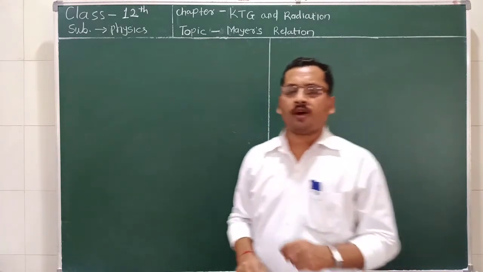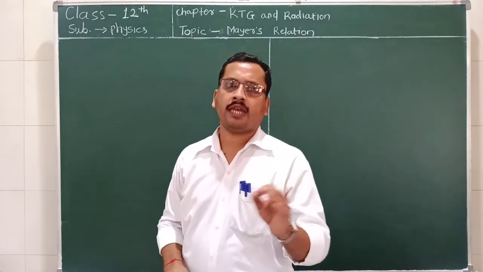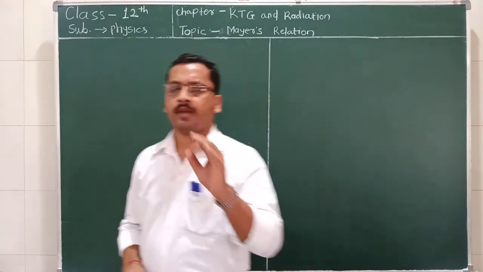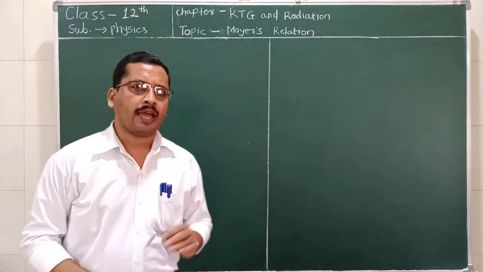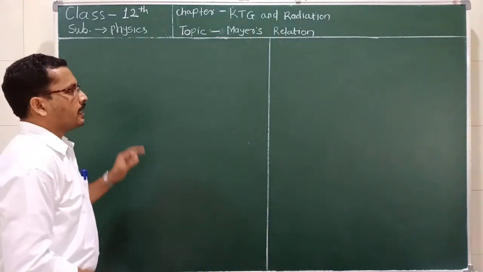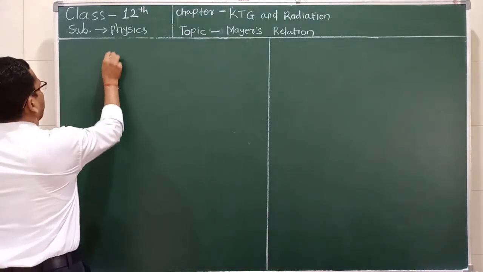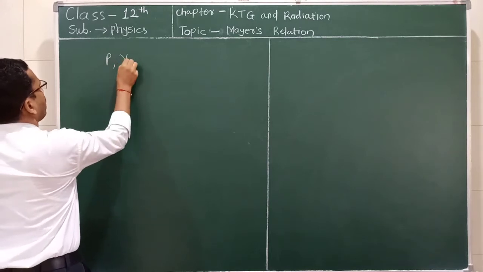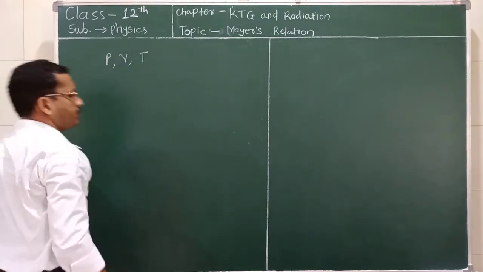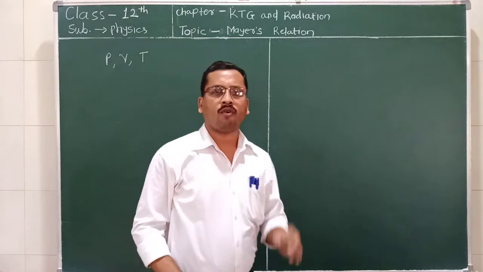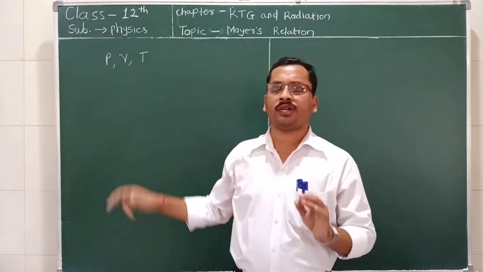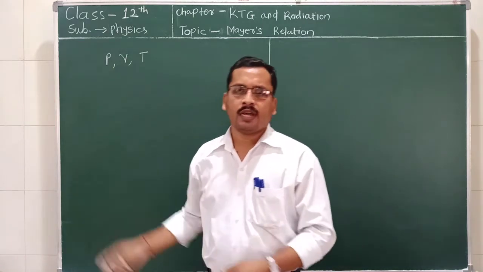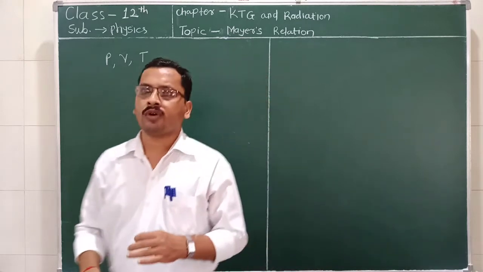Consider 1 mole of gas closed in a container having a movable piston, and let P, V and T be the pressure, volume and temperature of the gas.